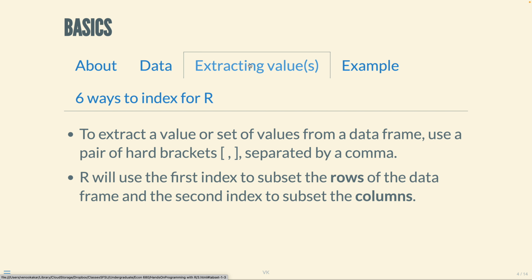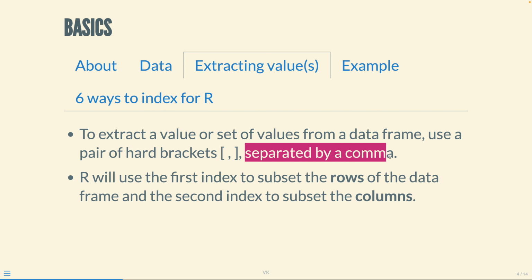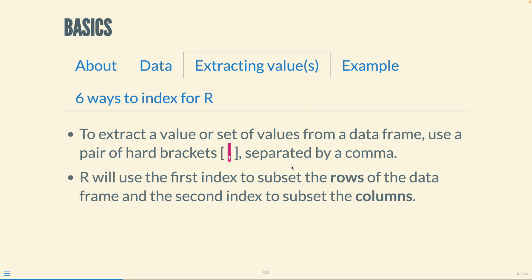If we wanted to extract a value or a set of values from a data frame like mpg, we can use a pair of hard brackets or square brackets in this way. We're going to put something in, and it is generally going to be separated by a comma, as you can see here.